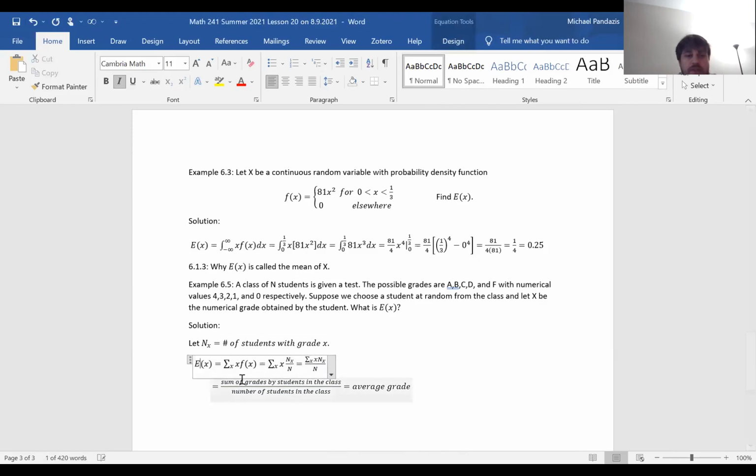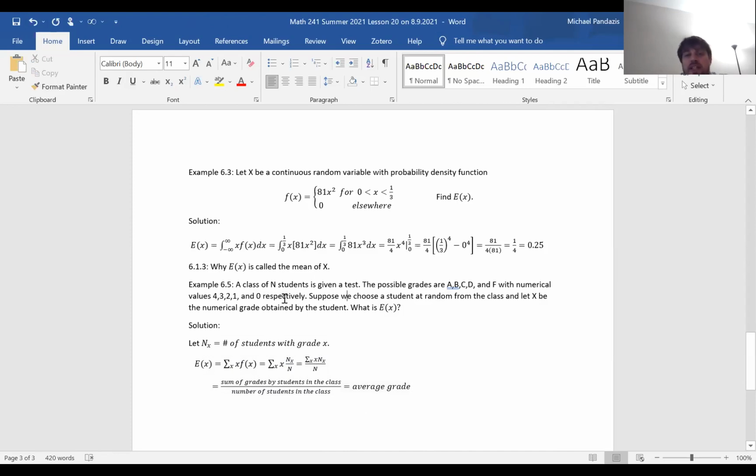So you can see that in this example, sorry, this was E of x. E of x, the expected value, is the sum over x of x times f of x, which is equal to this times this, which is the probability function. You can distribute the 1 over n. That numerator is the sum of the grades by students in the class, and the denominator is the number of students in the class, and so that equals the average grade. So E of x here is the average grade of students in the class, okay?